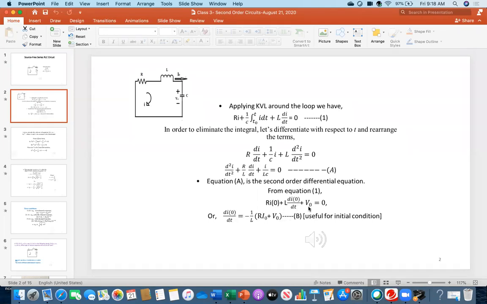Therefore, see everybody, this is just a simple calculation. V naught and R i naught go to the right side, so minus, and then I am dividing by L. This is very useful as an initial condition to solve the numerical problem for the series circuit. You remember that last class I was showing you one similar calculation, which was dV naught by dt.